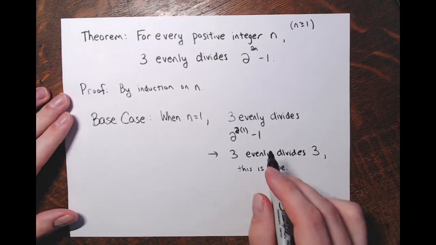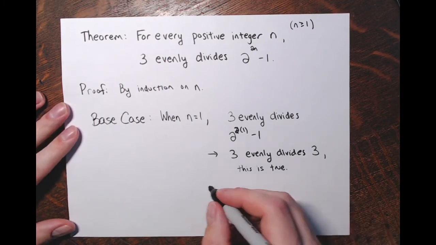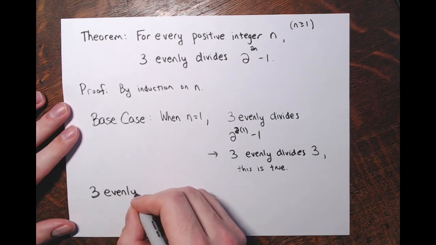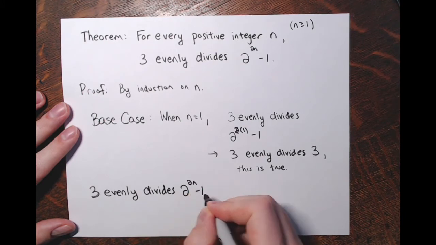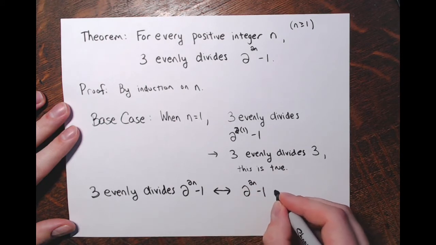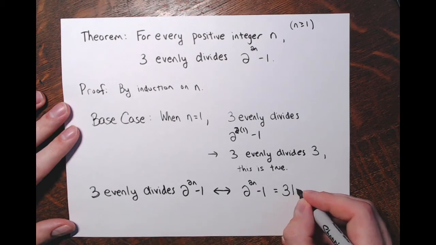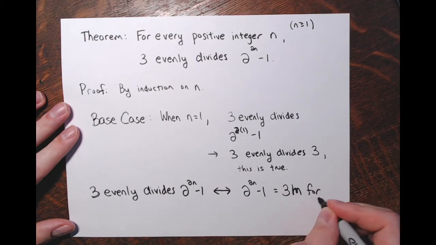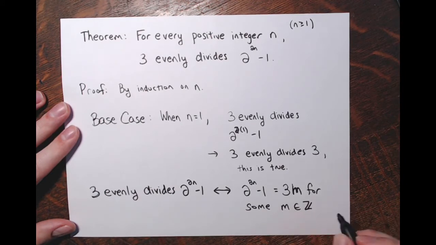Now, I'm going to stop writing the "evenly divides" thing. Remember, if I want to say 3 evenly divides 2 to the 2n minus 1, that's the same thing as saying 2 to the 2n minus 1 is an integer multiple of 3, equal to 3 times some m, 3 times m for some integer m, m belonging to the integers.